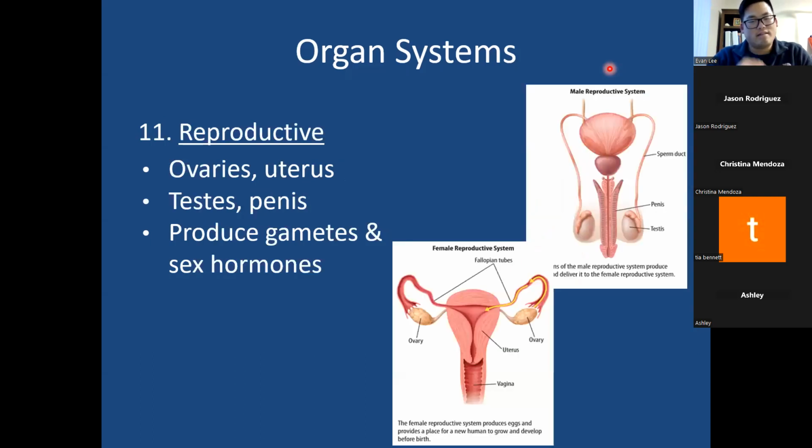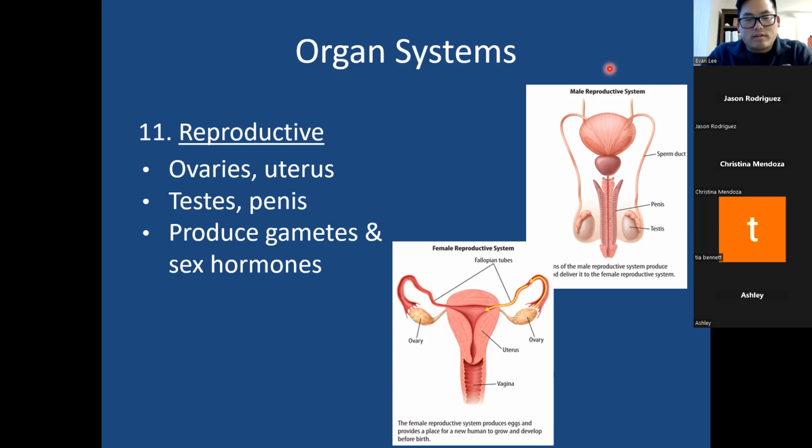Now, lastly, we have the reproductive system, another well-known one, probably one of the ones that gets some of the most attention. But the reproductive system, just to be clear, is the system that is going to allow for making babies. So the reproductive system is going to include two versions of these organs, one for the male and one for the female bodies.